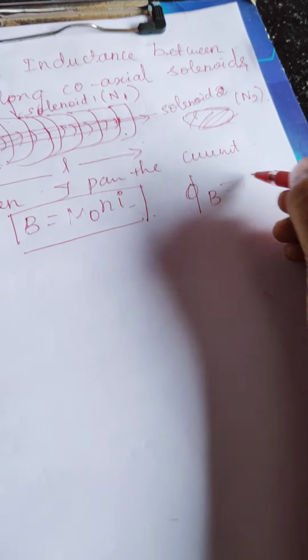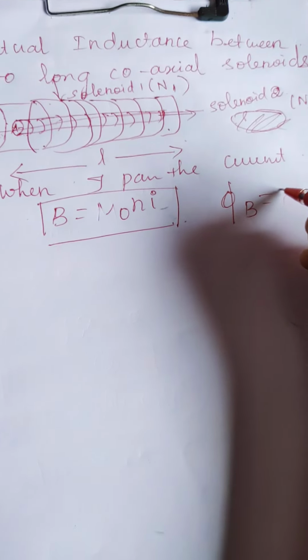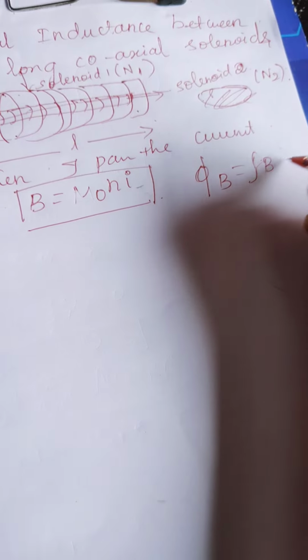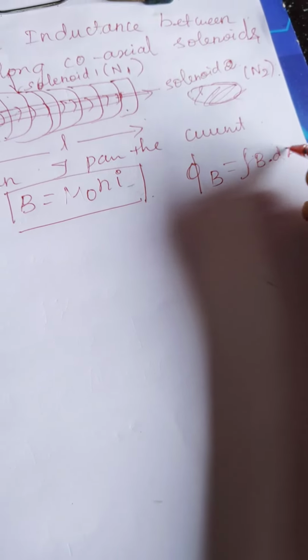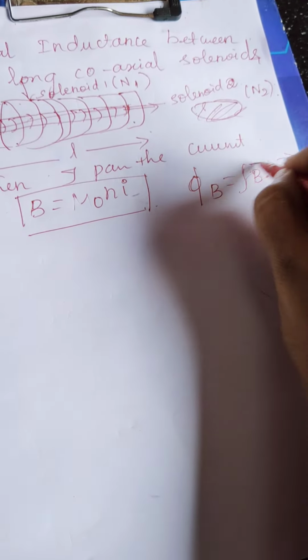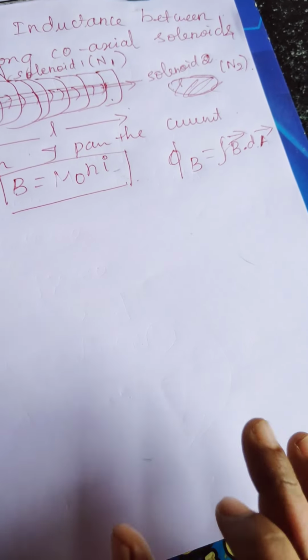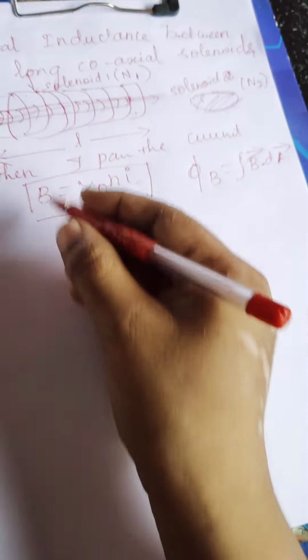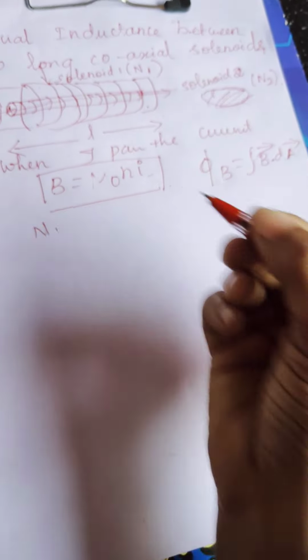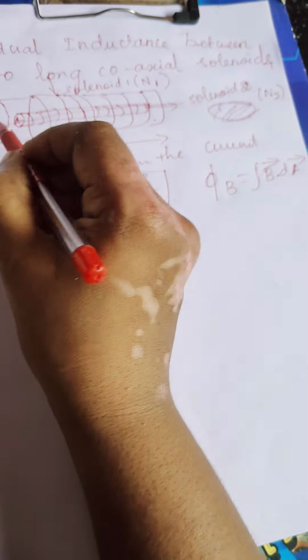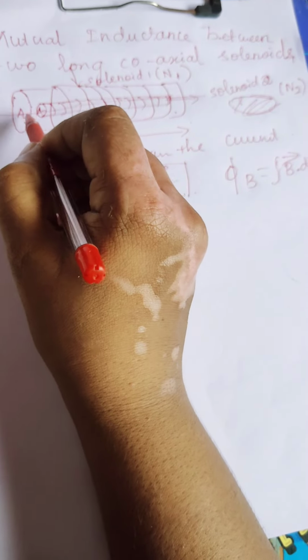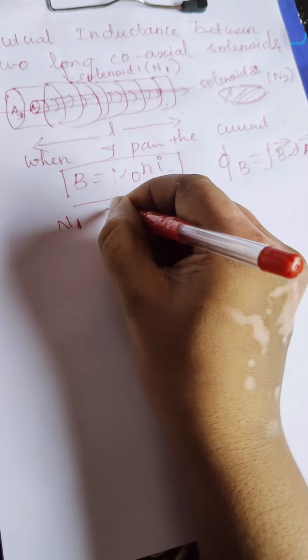Before writing the equation, we will see the magnetic flux formula. Magnetic flux is equal to the integral of B dot A, with the vectors. This is the general formula for magnetic flux. Now the N1 turns produce field lines in area 1, and these are going to link with N2.